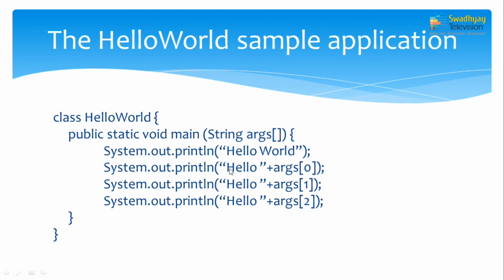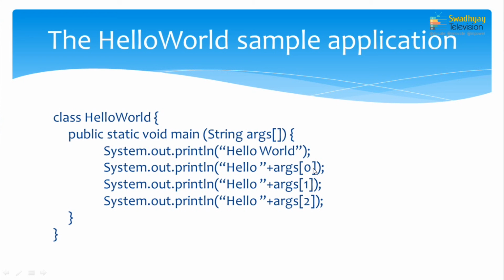Now, here in the second line we write System.out.println, which means we want to print something on screen, and what we want to print is specified as a literal or constant in double quotes, which is hello, and then we concatenate another value by writing the plus operator, and here I write args[0].